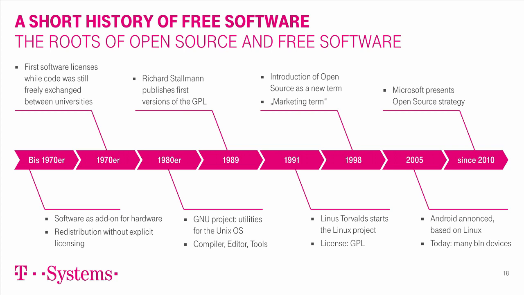As of today, many large IT companies have adopted open source to some degree. Even Microsoft published its open source strategy back in 2010. From large mainframes and supercomputers to smartphones and Raspberry Pis, billions of devices run with open source software today.